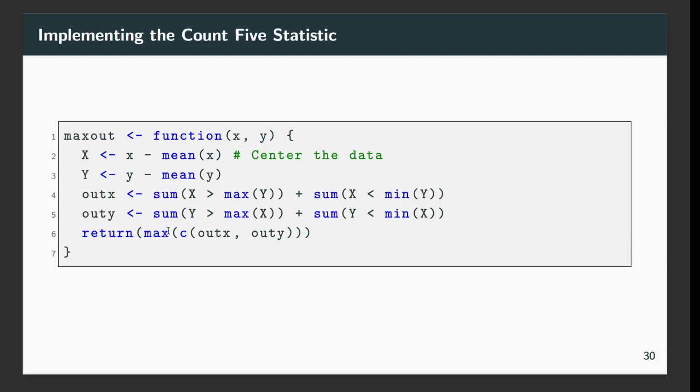After the centering, they are on the same scale, and the range comparison is meaningful. If we don't do the centering, then the x values will all be about 10 units above the y values, and the outx and outy counts, especially outx, will be much larger.